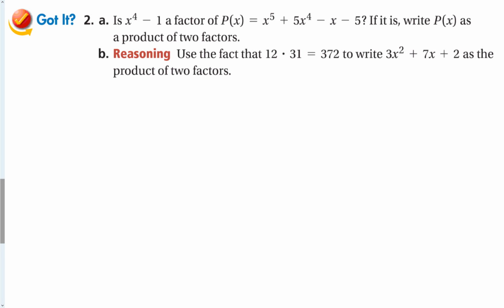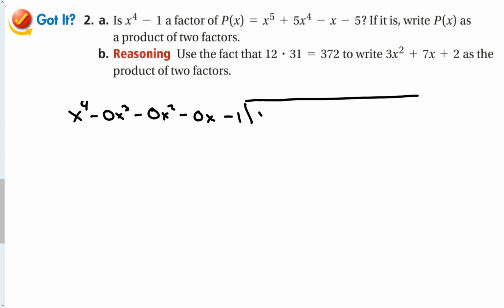So let's try that one more time. So x to the fourth minus 1, that is x to the fourth minus 0x to the third minus 0x squared minus 0x minus 1. Is that a factor of x to the fifth plus 5x to the fourth, 0x to the third, 0x squared, minus x minus 5?